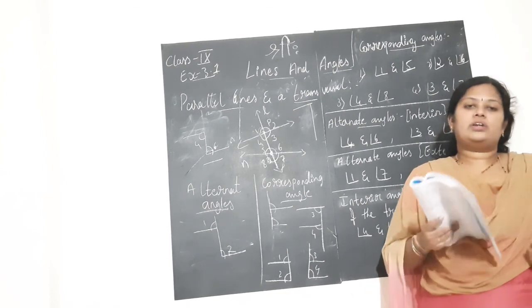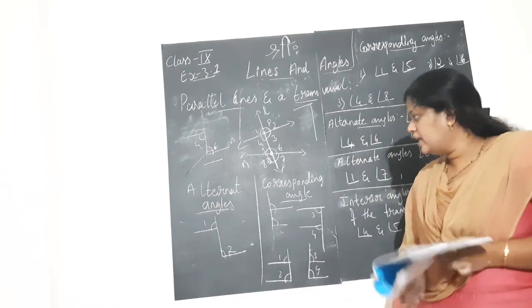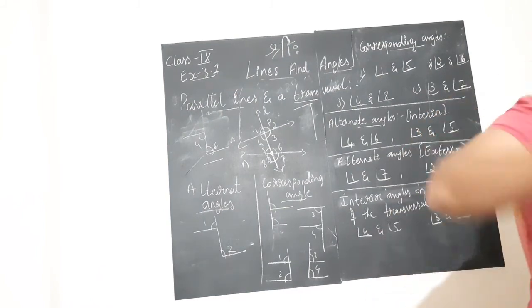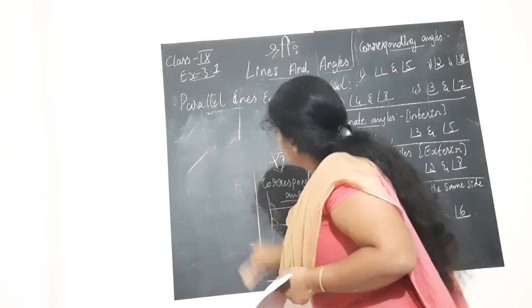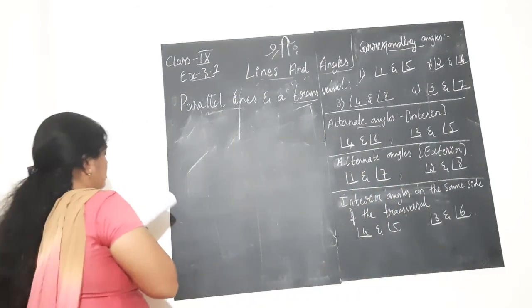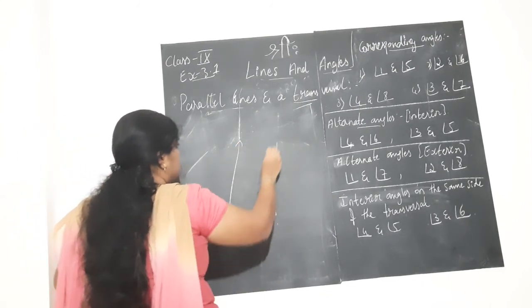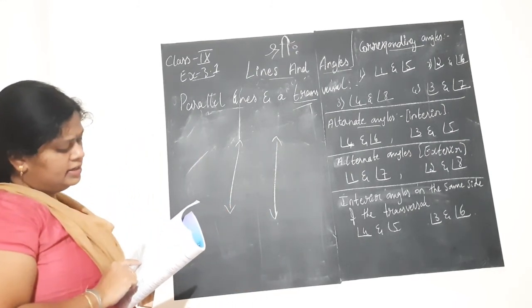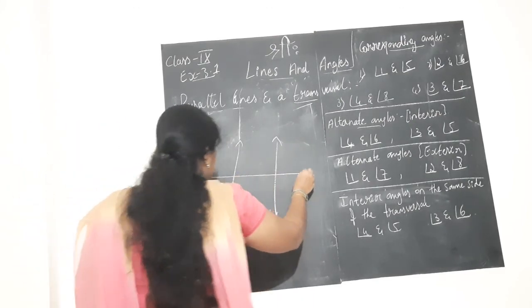So, we know now what is a transversal. If a transversal intersects two parallel lines, to draw the figure, parallel lines means it can be this way also. These two are also parallel lines, no, children. So what they say is, if a transversal intersects two parallel lines, each pair of corresponding angles are equal.